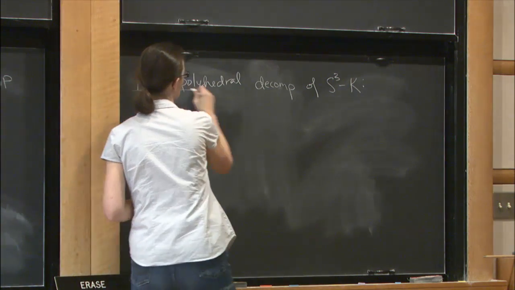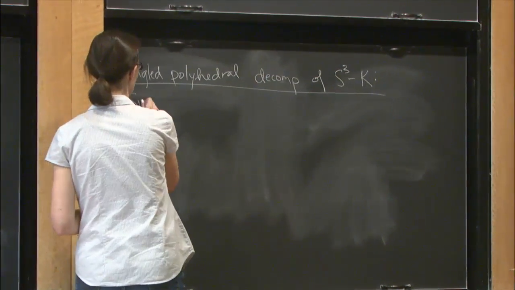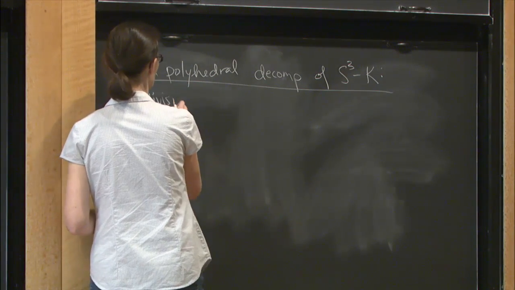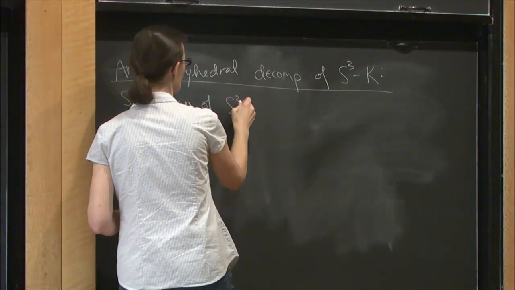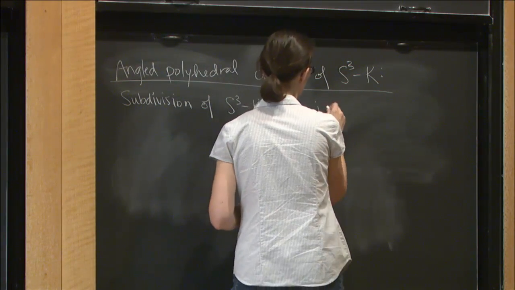So an angled polyhedral decomposition of a knot, S3 minus K, is a subdivision of your link complement into ideal polyhedra.